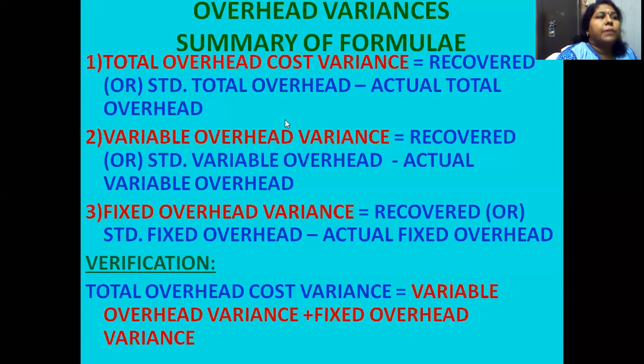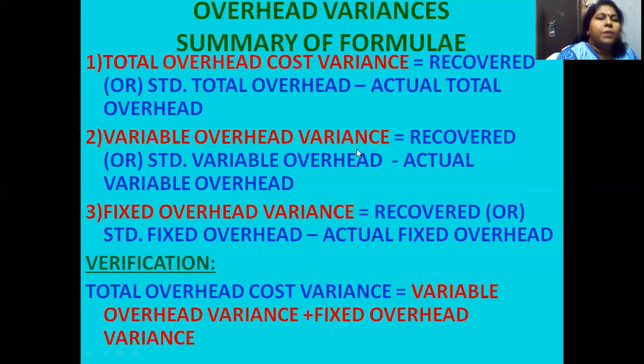So we need to get the summation of total overheads by adding the fixed overheads and variable overheads if it is given in the problem. So standard total overheads minus actual total overheads. Here I mentioned recovered. Recovered is how we are going to estimate, in the sense of cost accounting.